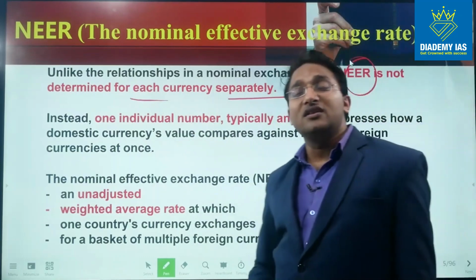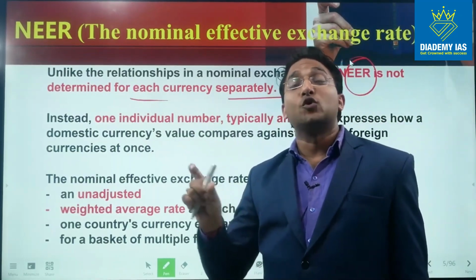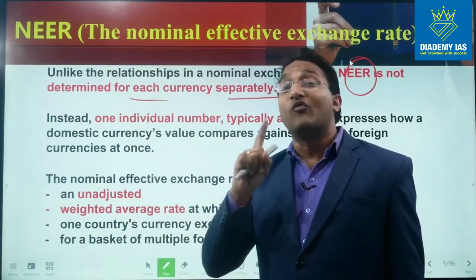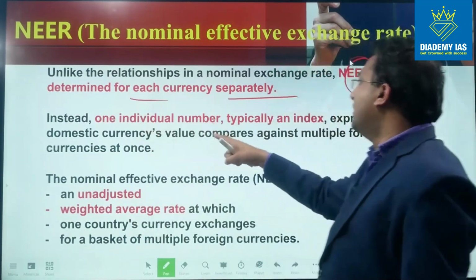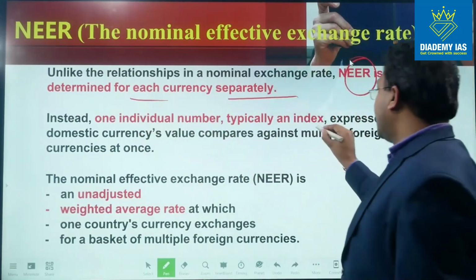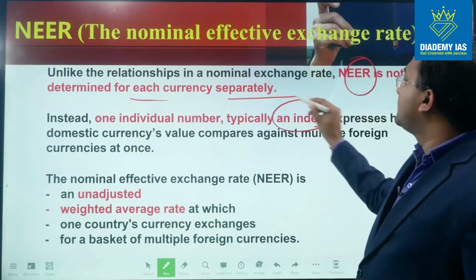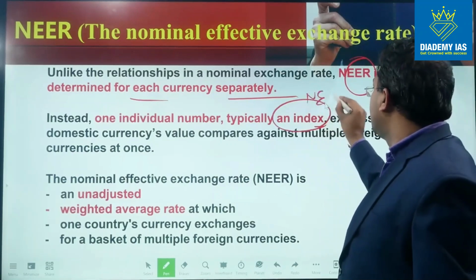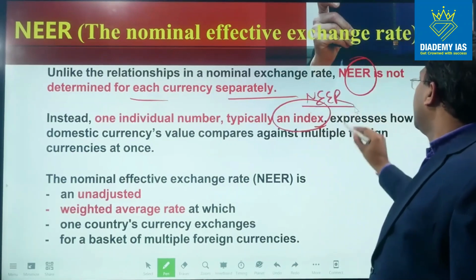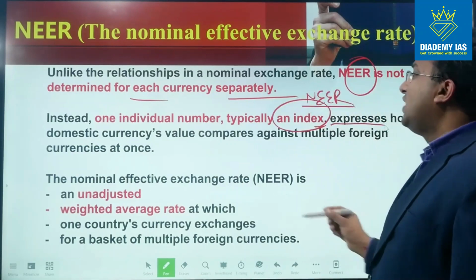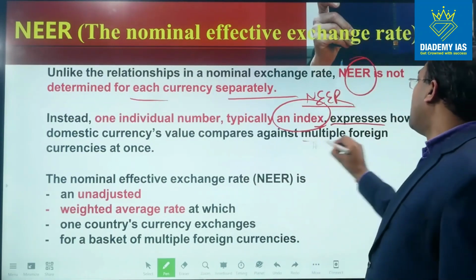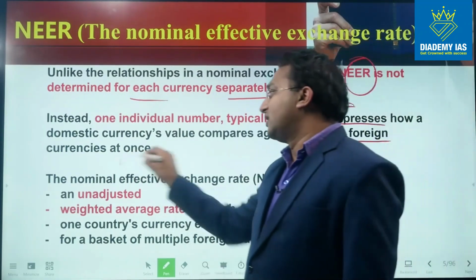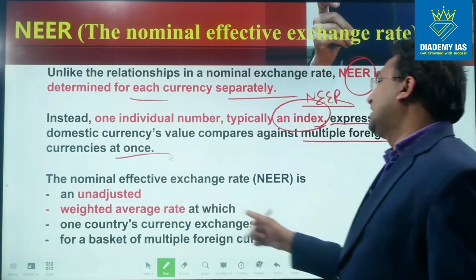So effective exchange rate is determined against a group of currencies, not against one foreign currency. Instead, one individual number, typically an index, right? So this NEER is basically an index. It expresses how a domestic currency's value compares against multiple foreign currencies at once. The nominal effective exchange rate.